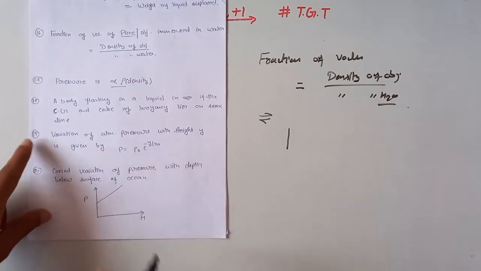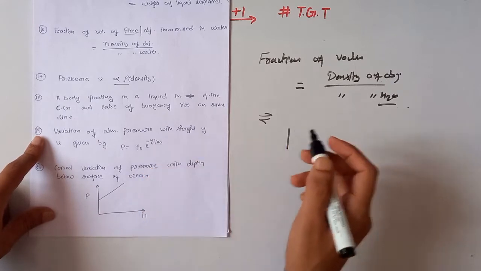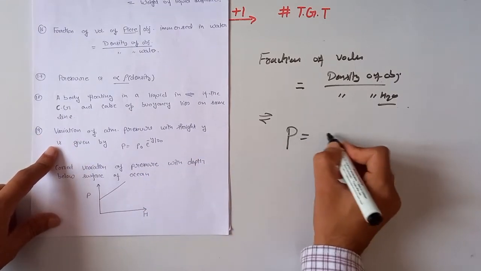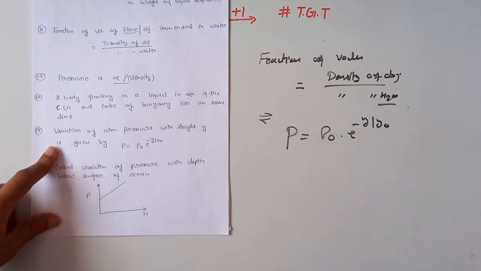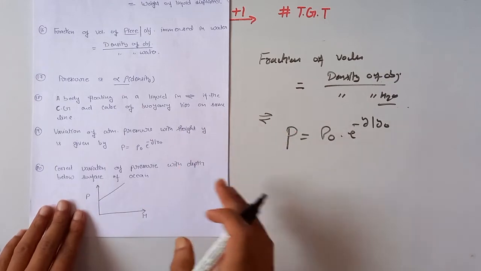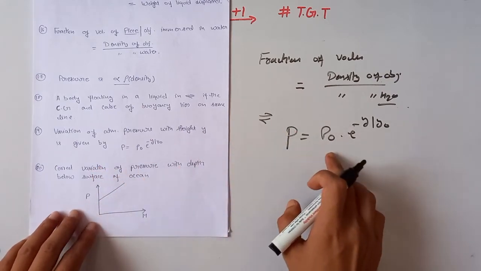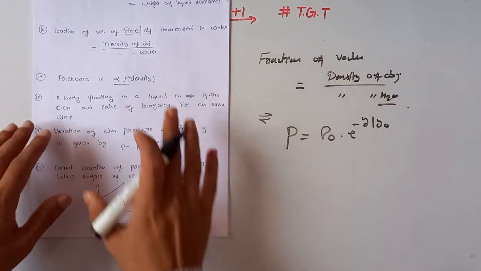And our next important key point is that the variation of atmospheric pressure with height y is given by P is equal to P naught into e raised to power minus y divided by y naught. These are very important key points.